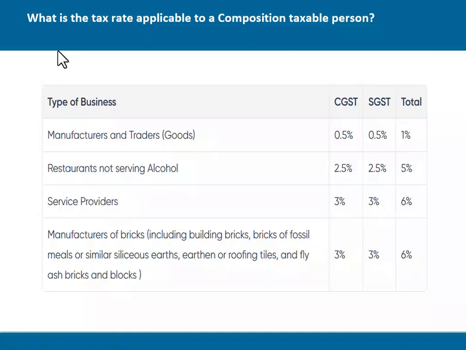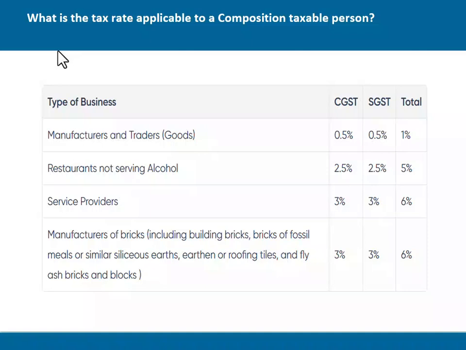For all the inputs he is using, he can't take any credit. You lose the input tax credit under the scheme, and you pay only 5%. When GST came into being, all the restaurants started charging 18% tax. Then there was a lot of hue and cry in the media that everything has become very costly under the new scheme.